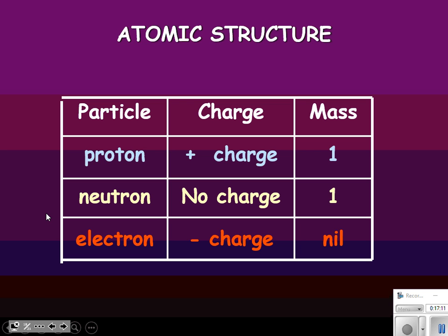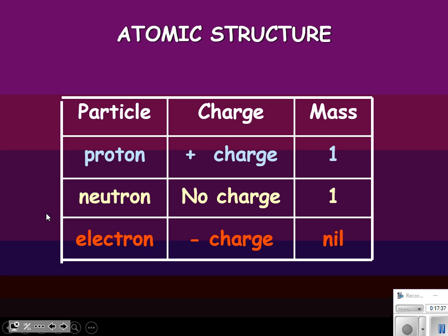What I mean by that is, on the mass of an atom, the electron is so very small when it's compared to the proton and the neutron that it offers nothing towards the mass. Okay?